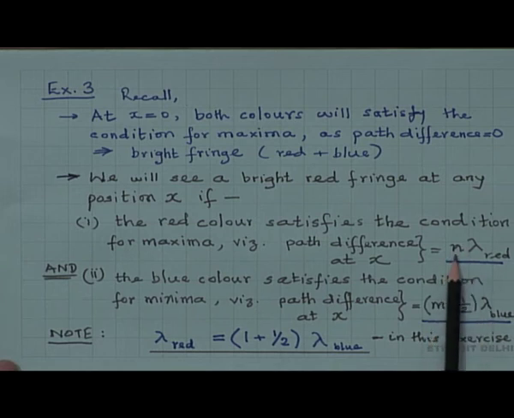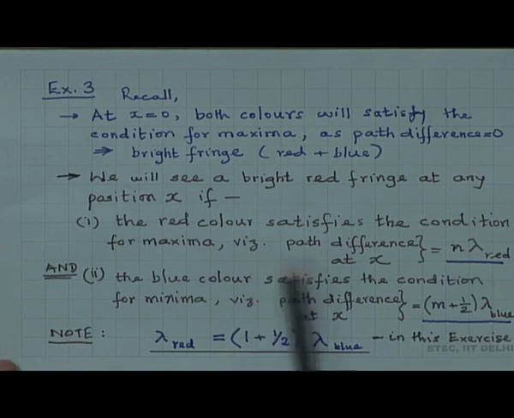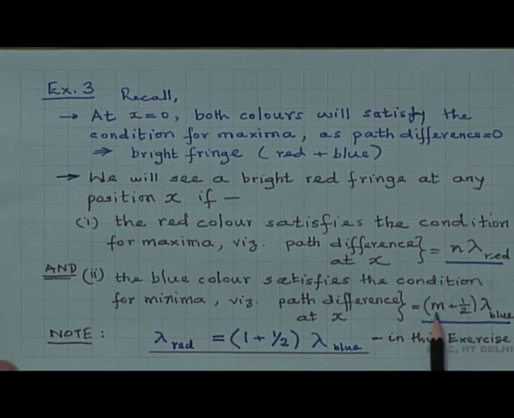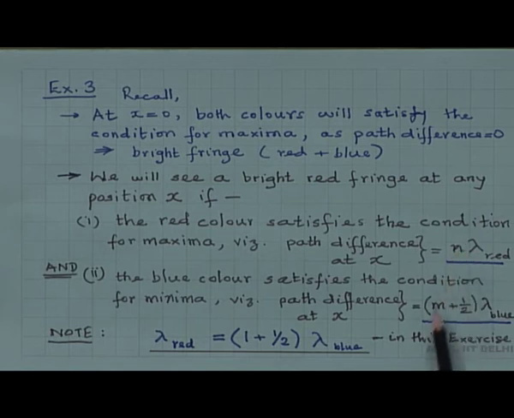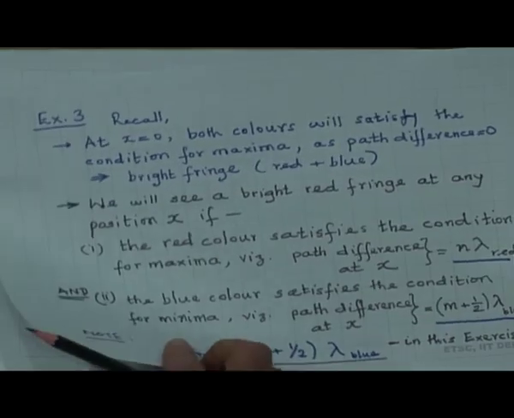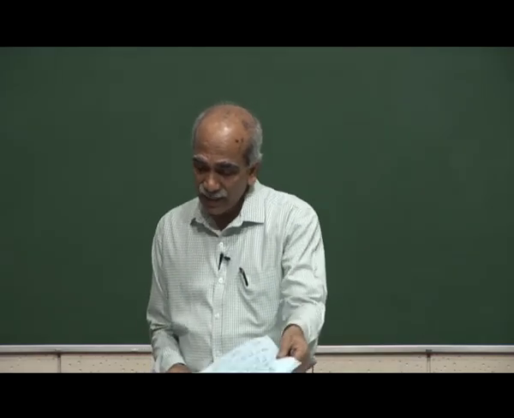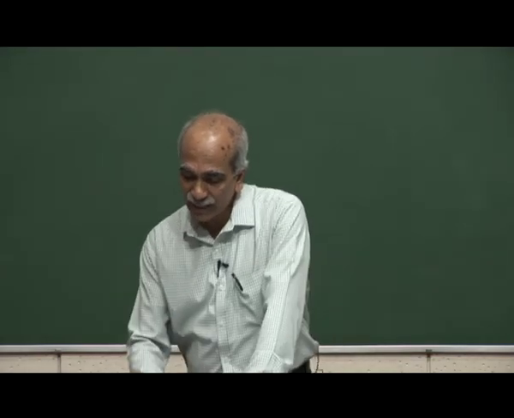If we put n equal to 1, then path difference at x is equal to lambda red. If we put m equal to 1, because m and n take integer values, this will be 1 plus half, that is 1.5 times lambda blue, and indeed it satisfies the requirement that the path differences are equal. So, this is like the situation that we had discussed earlier.